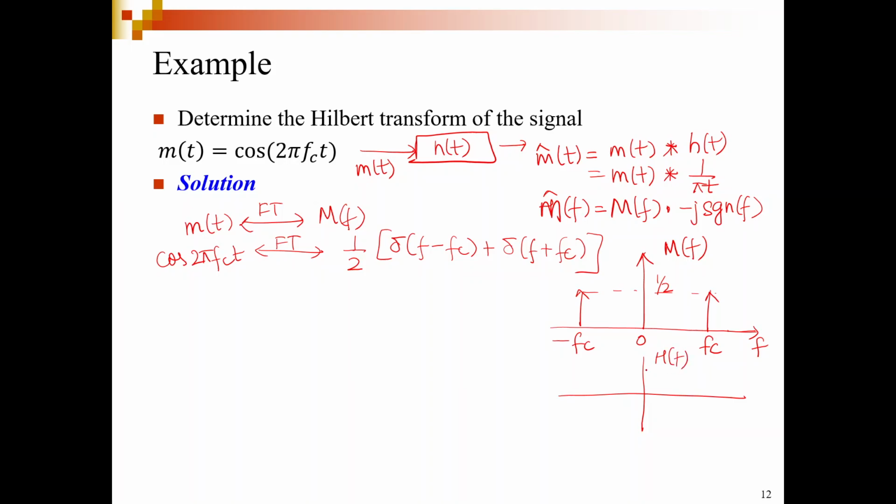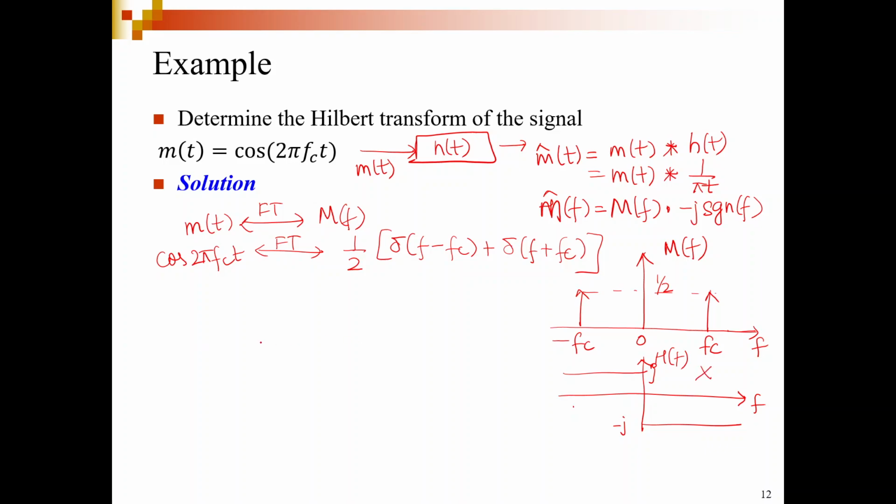H of f is provided by a signum function with j pi by 2 at fc: plus j for the negative frequencies and minus j for the positive frequencies.